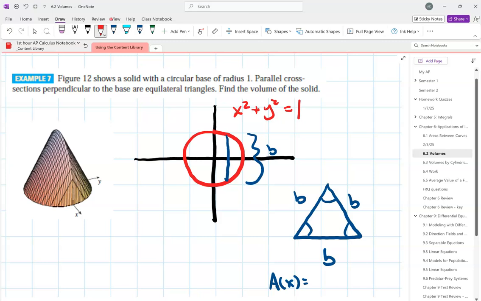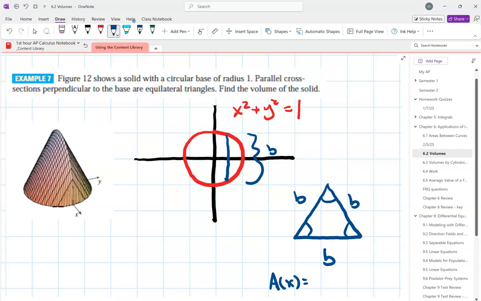And it turns out in this problem it doesn't really matter, because if I think about the base of this thing being a circle centered at the origin, whether I slice perpendicular to the y-axis or perpendicular to the x-axis, I'm going to get the same answer. The problem doesn't imply that anything has to be perpendicular to either axis, so I'm just going to pick one. I'm going to pick the x-axis because it feels more natural. Does that feel okay?